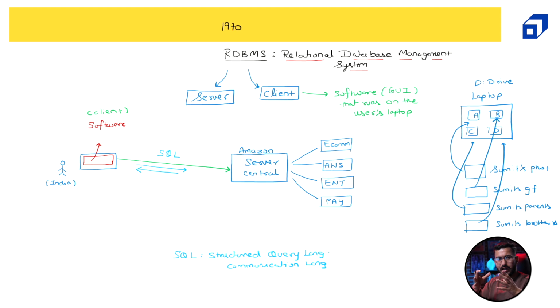The same architecture or the same logic is used by a database. In your RDBMS infrastructure, we have two components. So here these are known as files, and these are your folders.